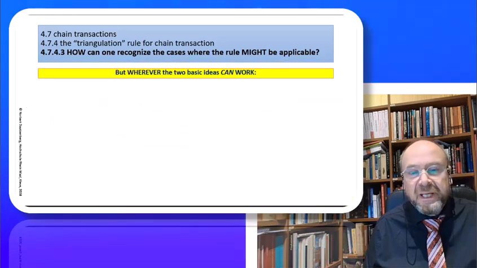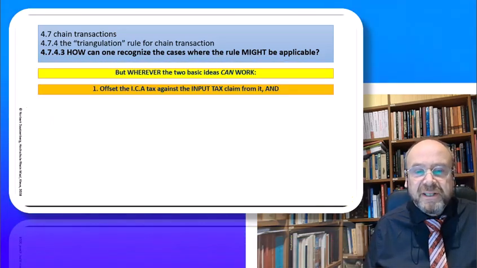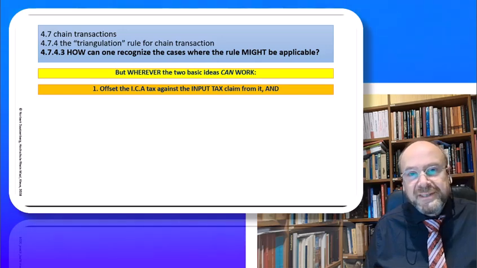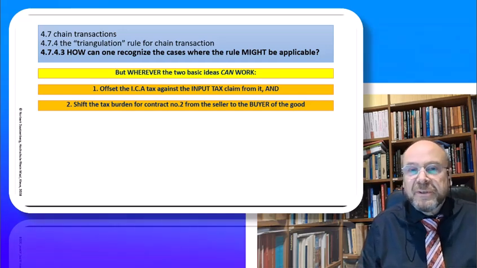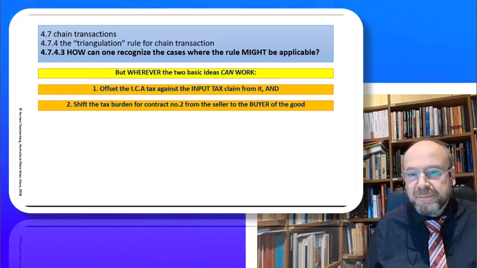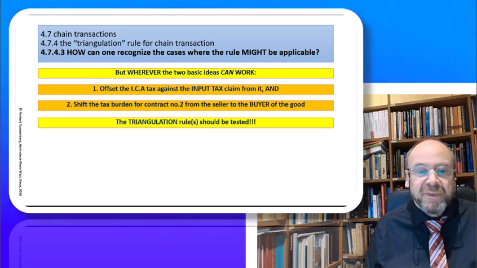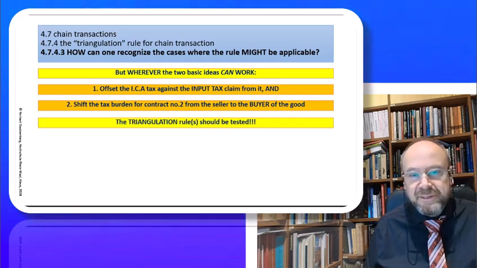So when can it work? Where you have an ICE tax, which you can offset against the input tax claim resulting from it, and where you can shift the tax burden number 2 from the seller to the buyer of the good, because the buyer of the good is resident in the country of destination.